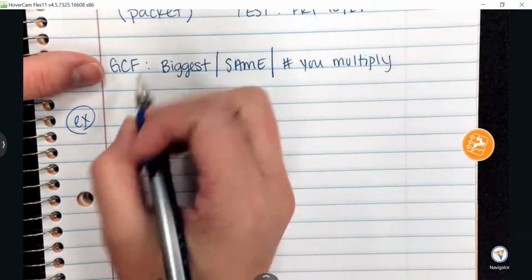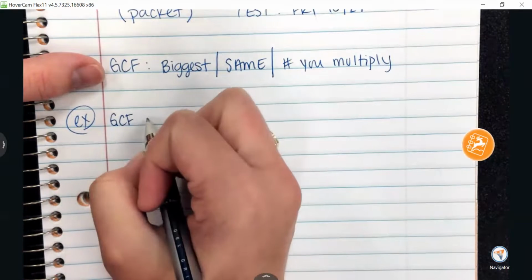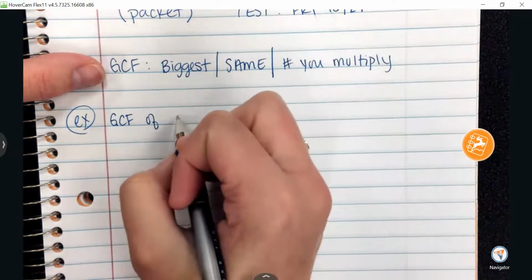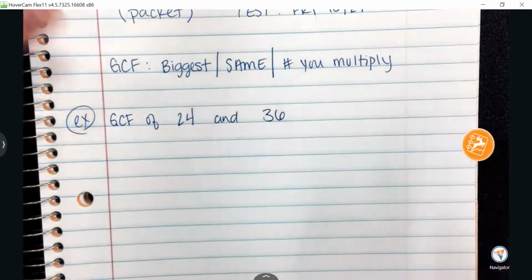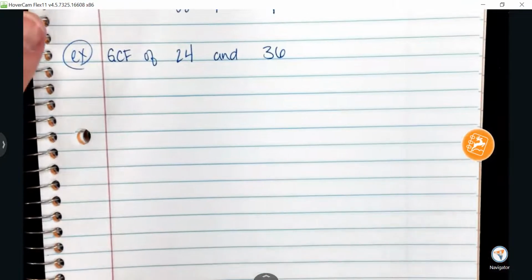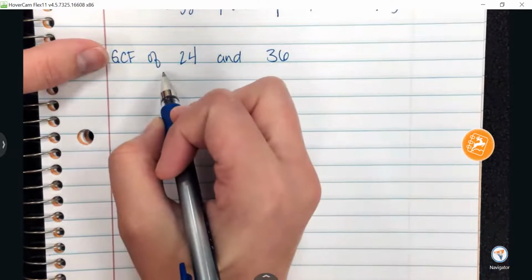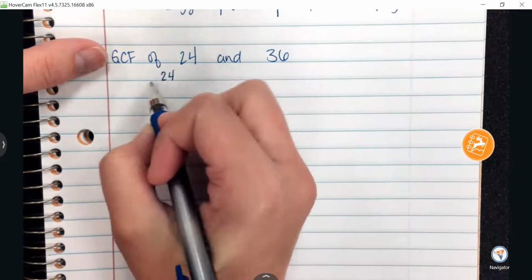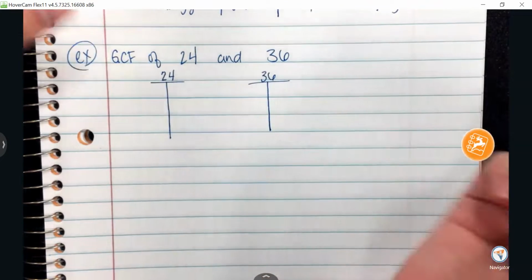All right, so we're going to do 3 examples. Example 1. I ask you to find the GCF. What's GCF stand for? Greatest common factor of 24 and 36. So before I can find the greatest, I need to know all the factors. So I'm going to make 2 tables, one for 24 and one for 36.